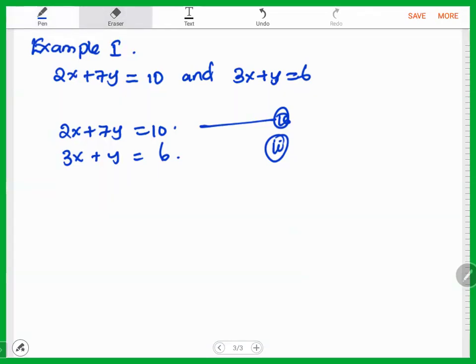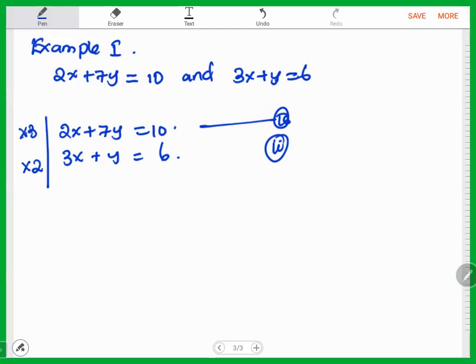So what I'm going to do, I'll put a line like this. I multiply by the coefficient of x in equation 2, and this one by the coefficient of x in equation 1.